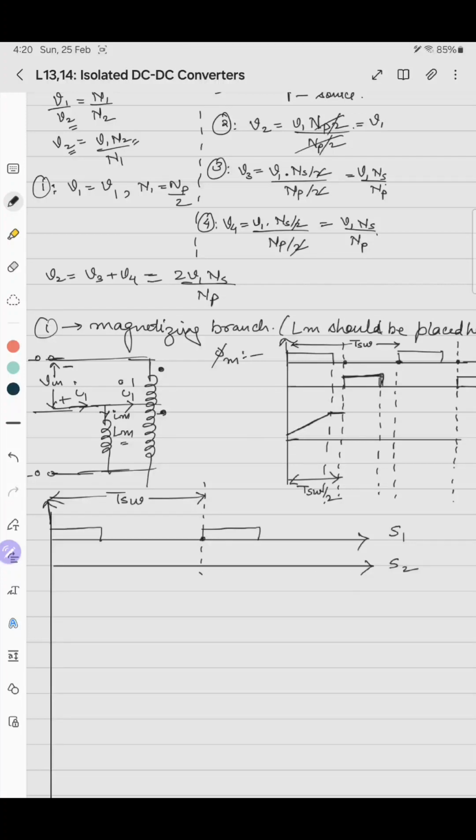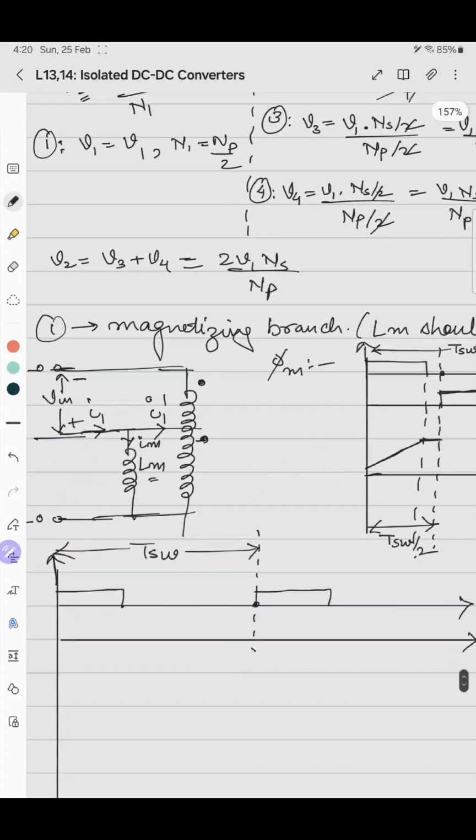If the upper left winding is powered, we have to shift this magnetizing branch to the upper end like this. This is Lm and this is Im, because now the lower bottom winding is not powered.